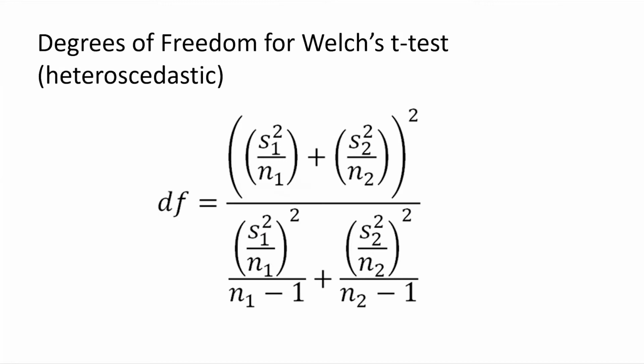We've got our variance for 1 divided by the sample size for 1, the variance of 2 divided by the sample size for 2. Add those together, square it, and then divide it by our variance for 1 divided by our sample size for 1, squared, divided by the numerator, and we add those two together. Again, I won't have you be calculating this by hand.